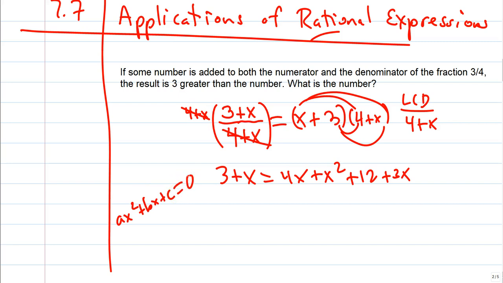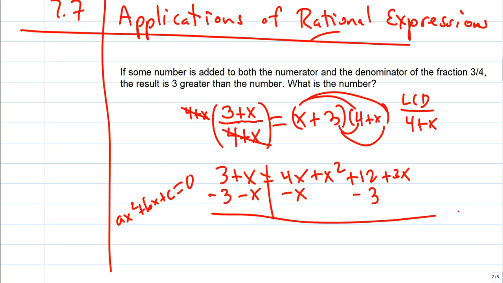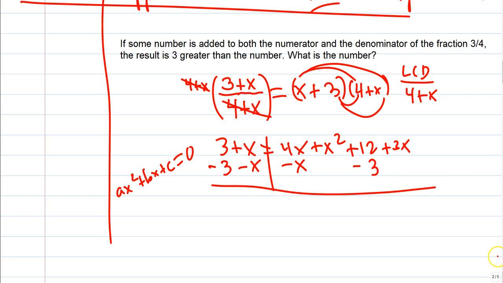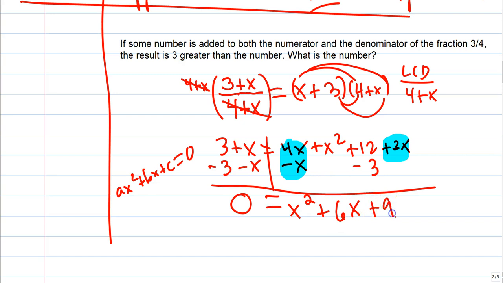While I'm combining the like terms, I'm going to move over the 3 and the x so that the left side zeroes out. On the right side, bring down the x squared, plus 3x plus 3x, that should be 6x plus 9.